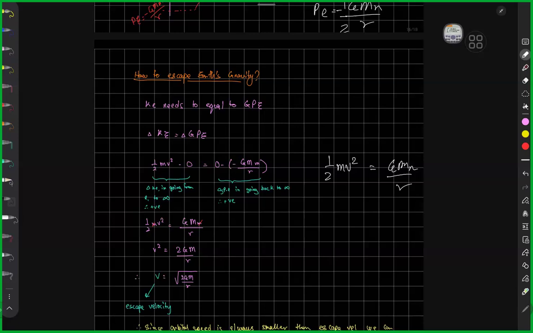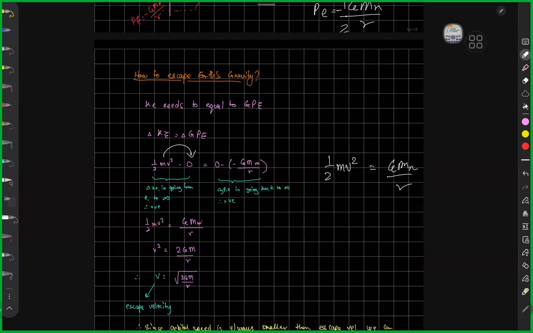That is to say that the gain in kinetic energy of my Earth should be equal to the loss in potential energy of Earth. So if my potential energy of Earth is minus GMm by r, if the potential energy can reach zero, then that means that energy is being provided by the kinetic energy. So basically the change in kinetic energy balances out the change in potential energy.